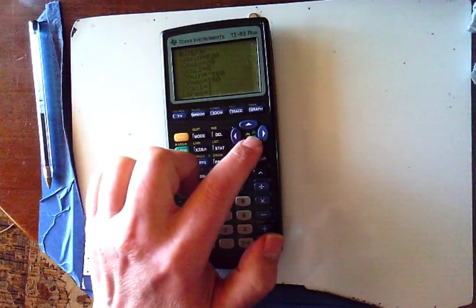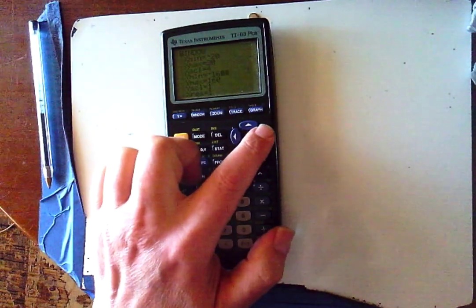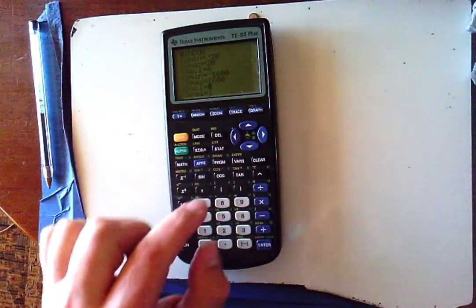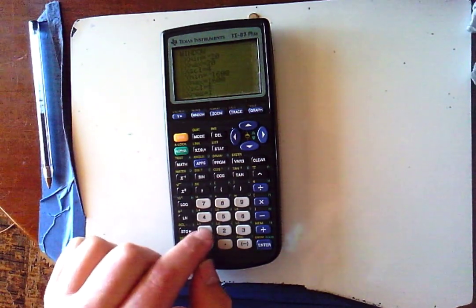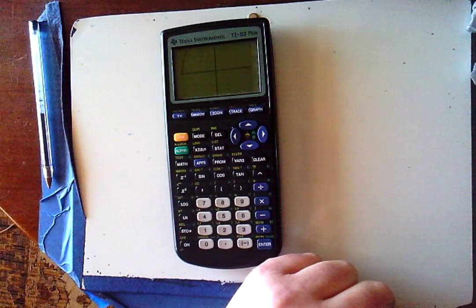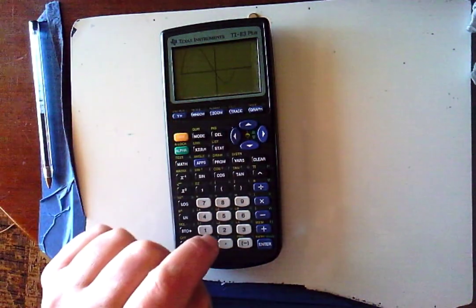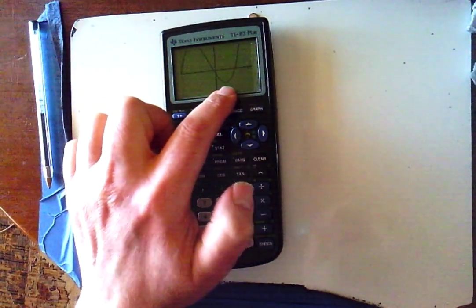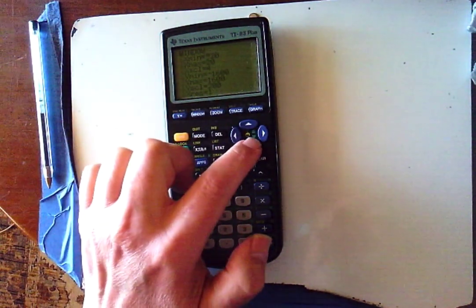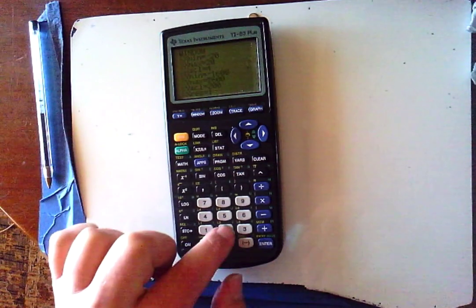So I'm going to go to my window, and I'm going to add a 0 to each of these. And my scale, I think I'm going to plug in 200. Oh, so close. So I think my y min is enough, but I want to push my y max higher. So my y max, how about 2000?